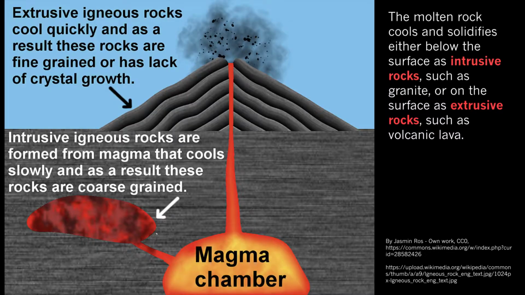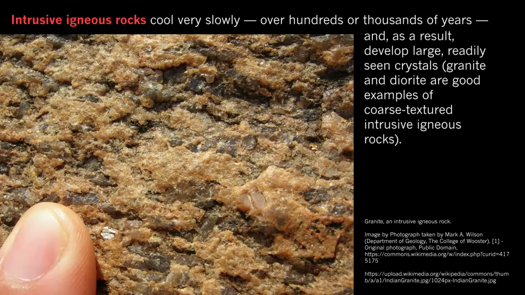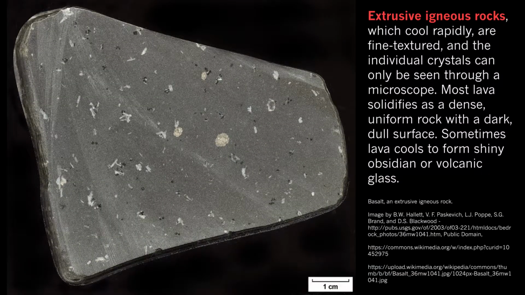The intrusive rock that intrudes into the crust cools fairly slowly over hundreds or thousands of years, giving the crystals that comprise the rock an opportunity to organize themselves. And so these are large, coarse, textured, intrusive igneous rocks like granite or diorite. The extrusive rock that emerges from the earth and cools rapidly tends to be fine textured, so the individual crystals usually can't be seen with the naked eye.